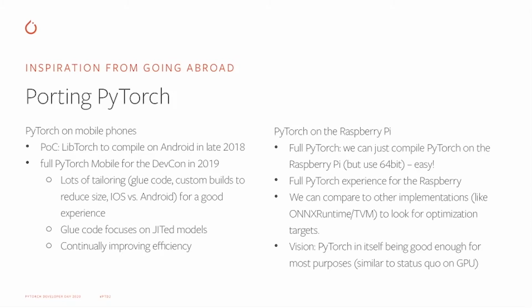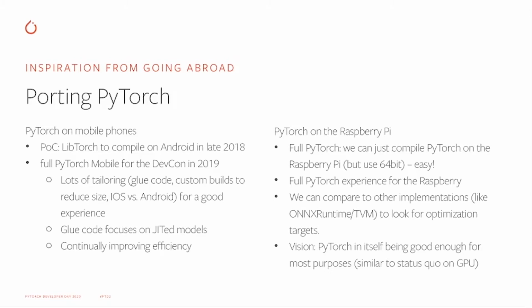The other route, the easier route, is PyTorch on the Raspberry Pi. We get the full PyTorch because we can just compile PyTorch on the Raspberry, but you're advised to use 64-bit. And this is easy. You have the full PyTorch experience for the Raspberry this way.